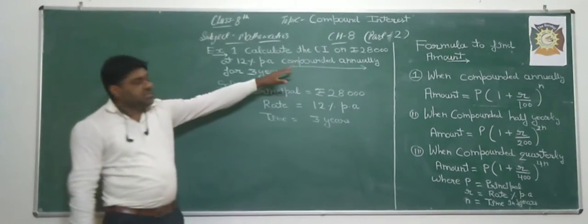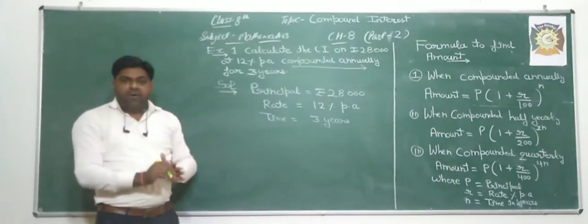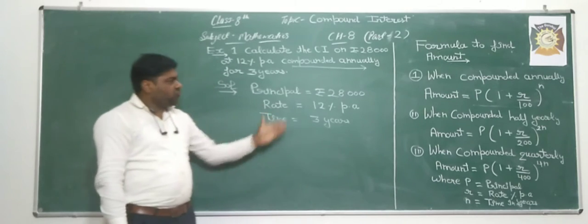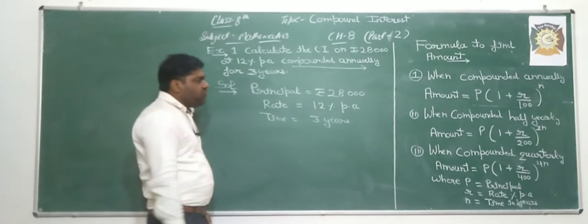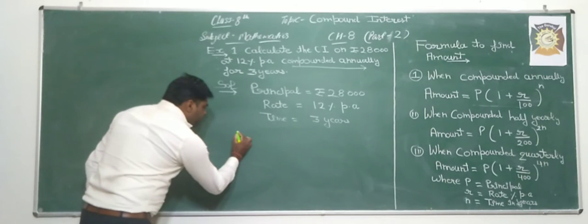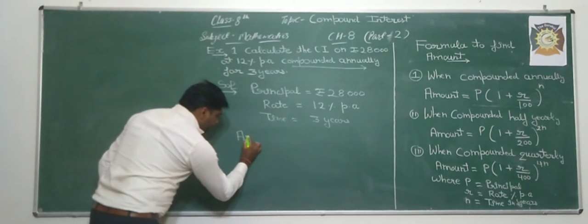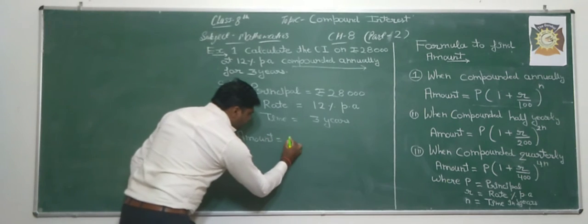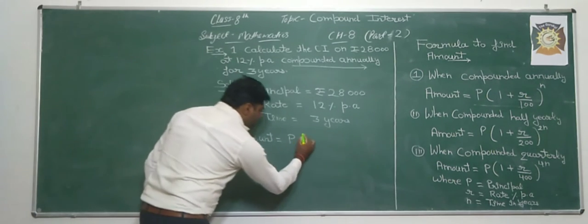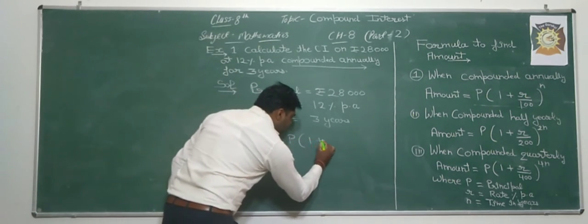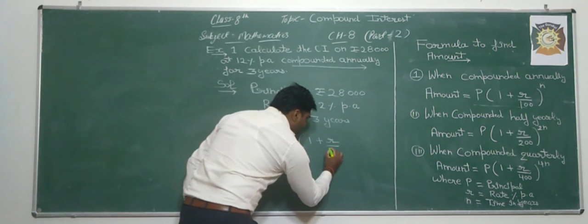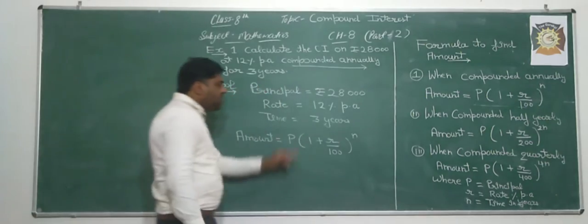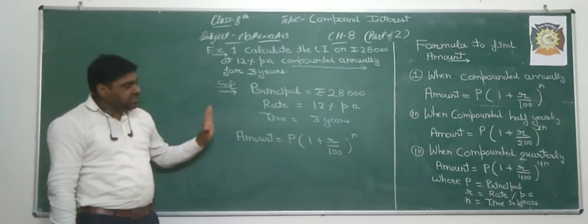Now, because the interest is compounded annually, there is no need to change anything. So we can directly use the formula to find the amount. First, write down the formula: principal into 1 plus rate upon 100 raised to the power n, where n is the time in years, that is 3 years.